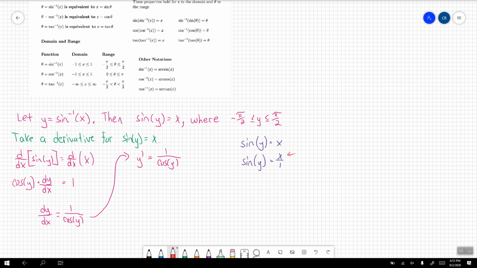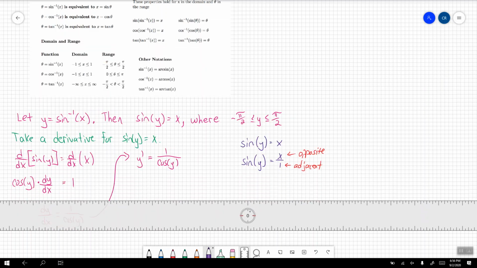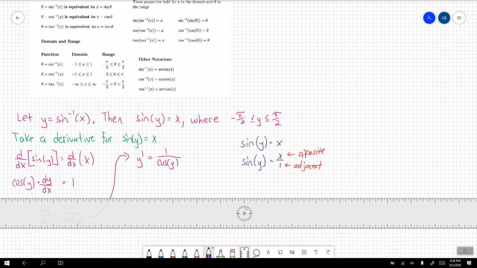Well, according to sine, sine is opposite over adjacent. What that means is that y is my angle in question. And since sine, cosine, and tangent are right triangle trigonometry, we are going to be able to extract this into a triangle, or more specifically, a right triangle.